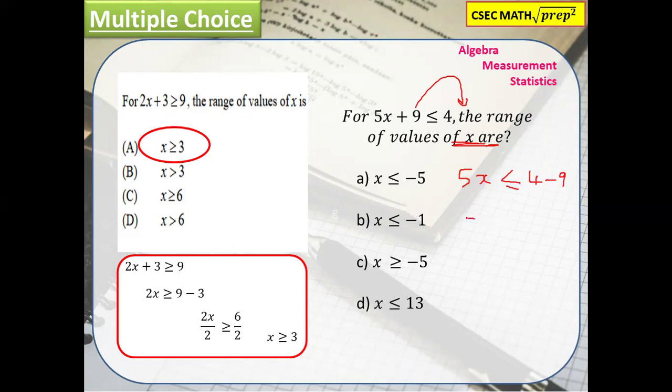The result for that would be 5x less than or equal to minus 5. And when we divide both sides by 5, then x is going to be less than or equal to minus 1. Our answer there is B.